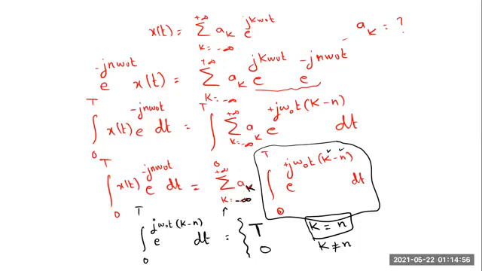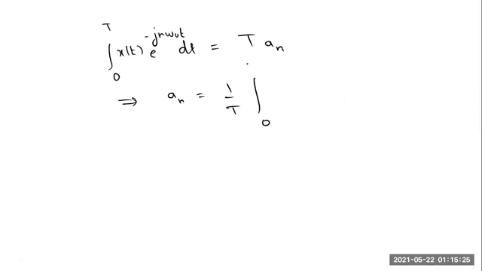So based on that, on the left hand side we have the integral from 0 to capital T of x of t e to the power minus j n omega naught t dt, and on the right hand side we get T an, which means an is equal to 1 over T times the integral from 0 to T of x of t e to the power minus j n omega naught t dt.